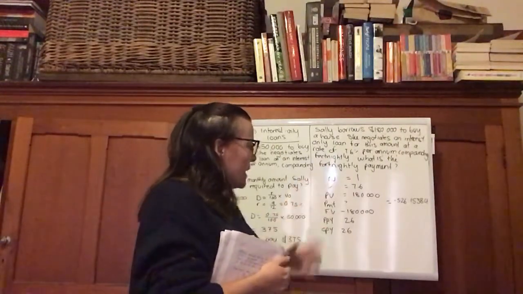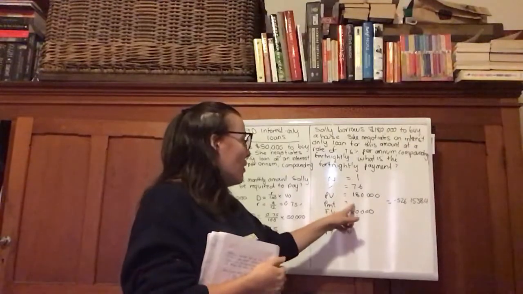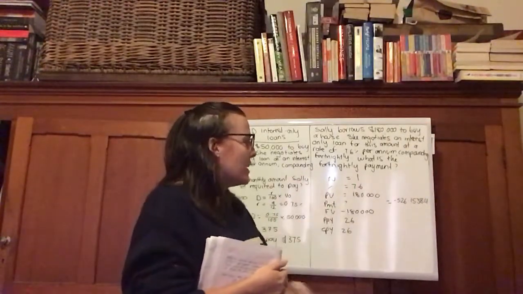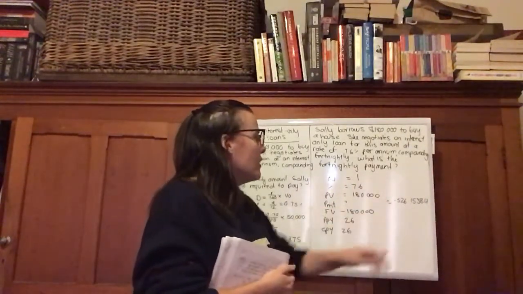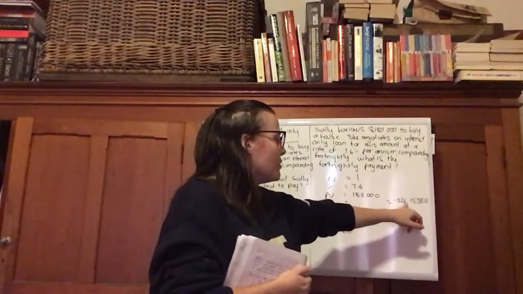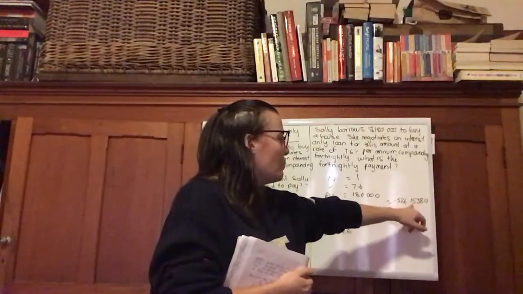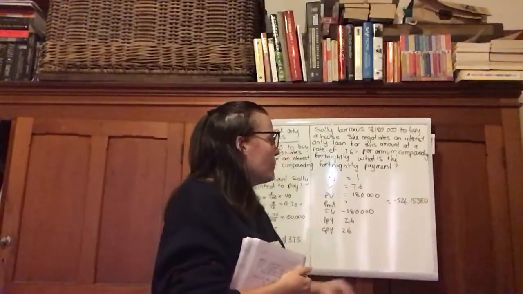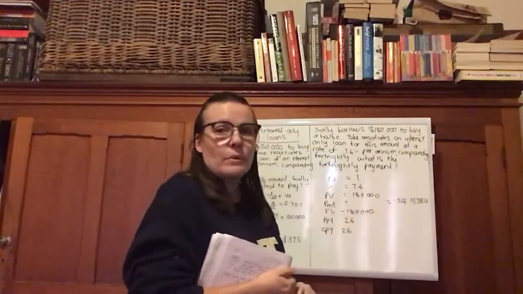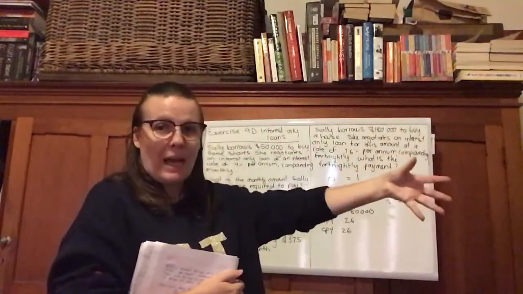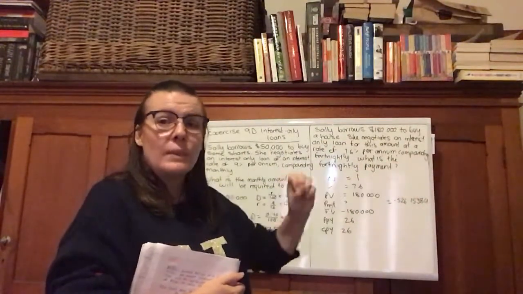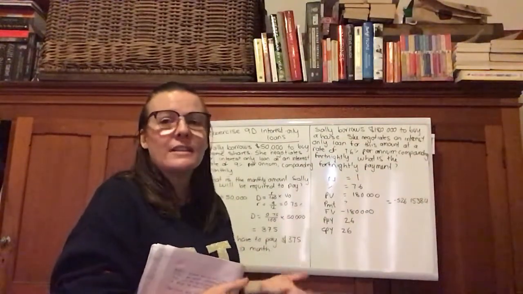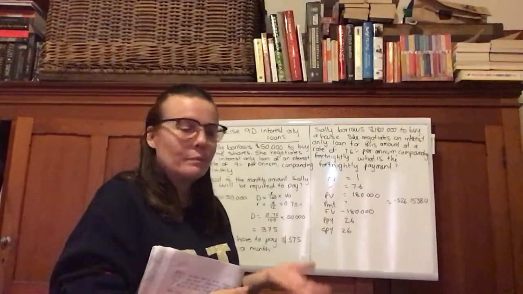So when you enter that into the financial solver and you hover over payment and you press enter, it's going to tell you that it's negative 526.15384. The negative represents that's money she has to pay. Okay, so when we state our answer, we're not going to say negative 500.